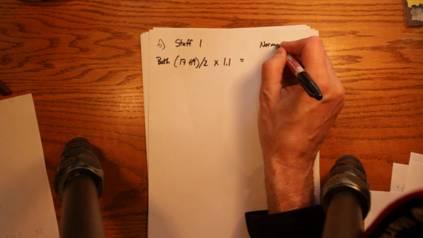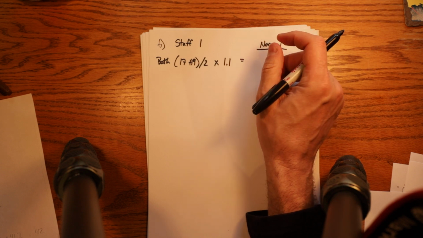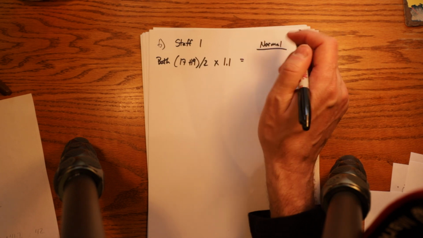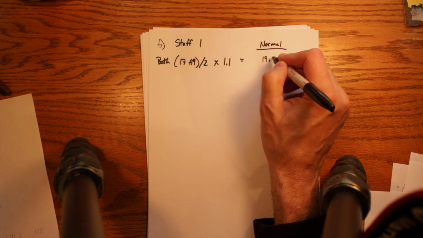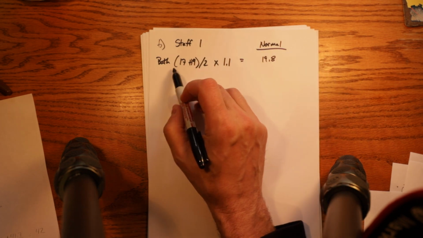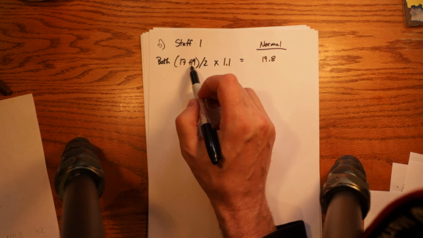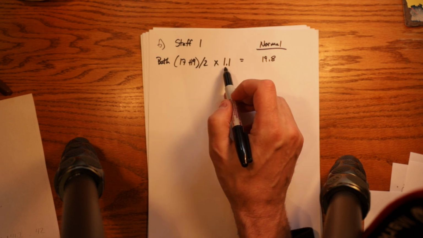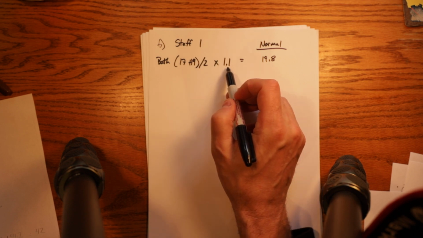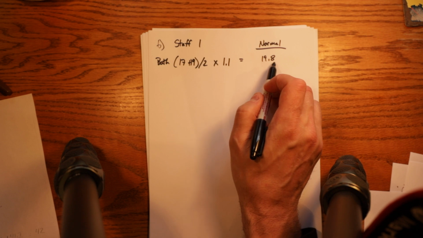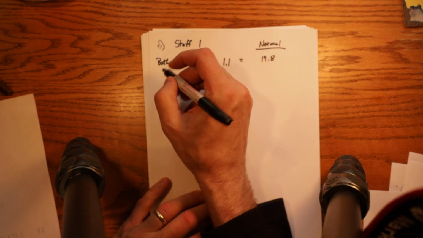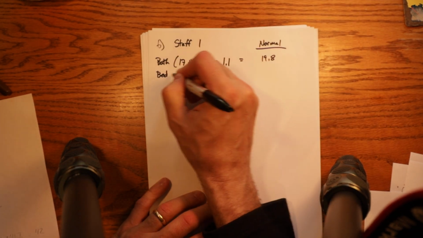So normal times are average times adjusted by performance. So you would get 19.8 there. So it's just essentially the average here, which is 18, times 1.1, which is a 10% improvement, which would give you 19.8. So we do the same thing for bedroom.